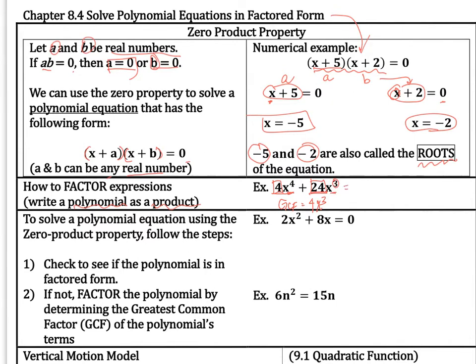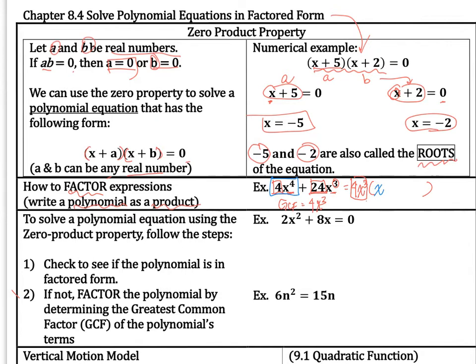Now, I need to take this monomial and write it as one of the factors. Then this monomial will divide evenly into each of the terms you're about to write now. Now, 4x cubed times what will give you 4x to the 4th power?